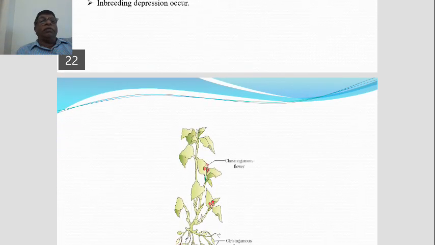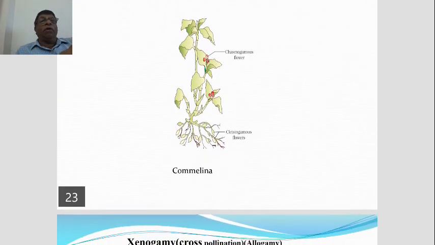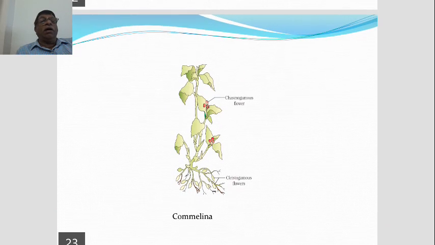Now you can see the diagram of Commelina. Commelina, the full name is Commelina benghalensis. See the chasmogamous flowers at the top, and at the base you can see bird-like cleistogamous flowers.